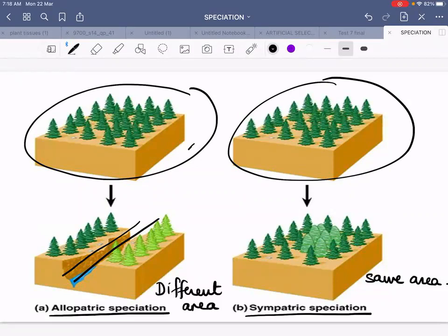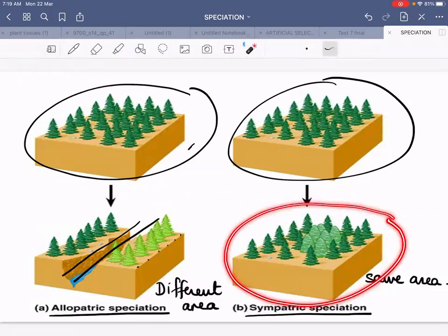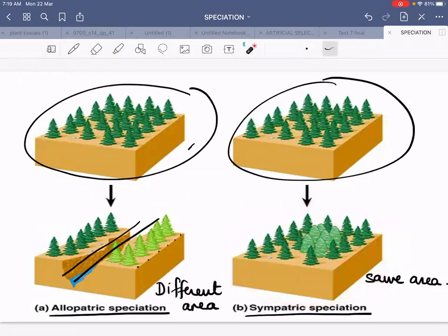So after time passes, they get some new characteristics, right? Which makes them a new species. And then this is sympatric speciation, in which you can see that it's the same species. It has not been geographically isolated, but due to some other factors, some of the members of that species will develop different characteristics. Okay, those can be several factors.